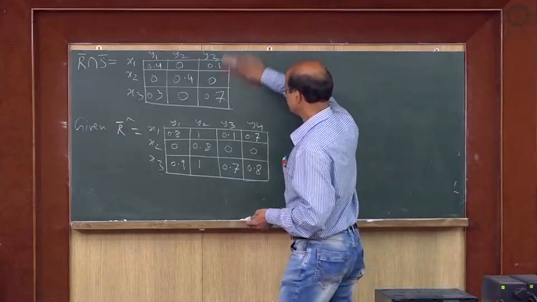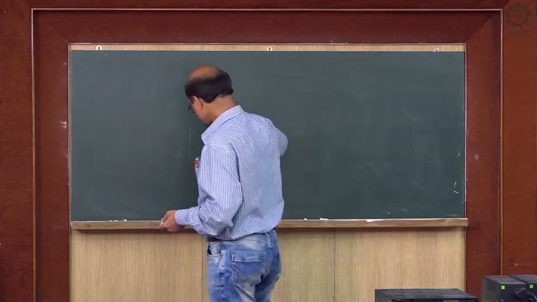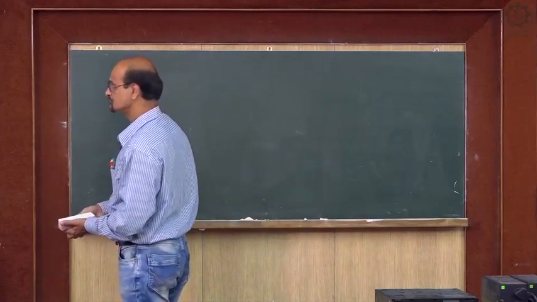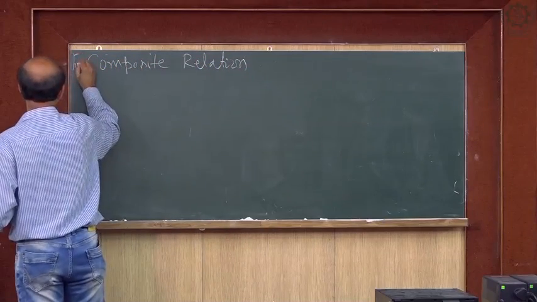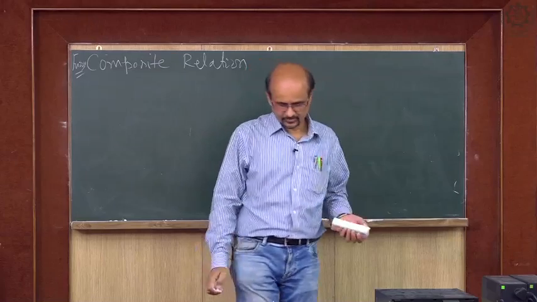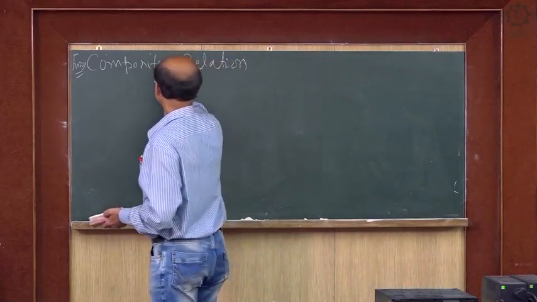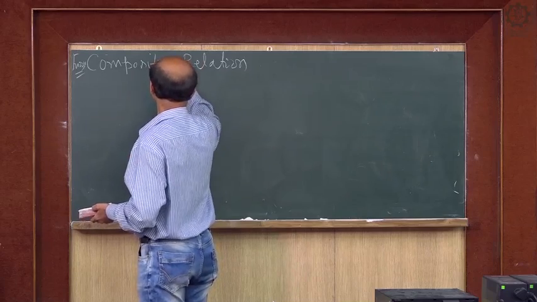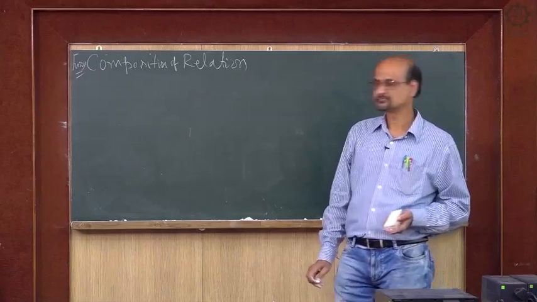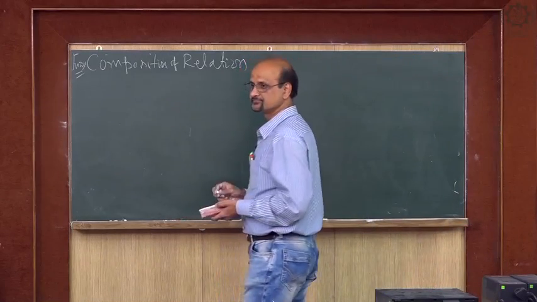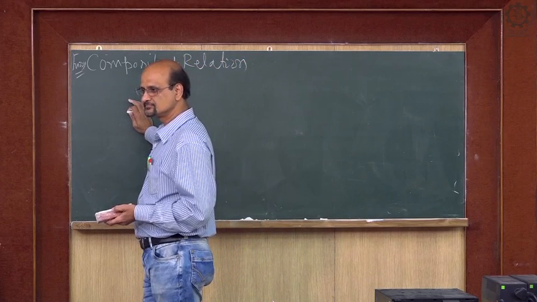So, as you know in crisp relations, the composite relations, remember? So, I am doing directly fuzzy composite relation. What was that? Composition of relations. What was that in crisp set theory? Composition means what?